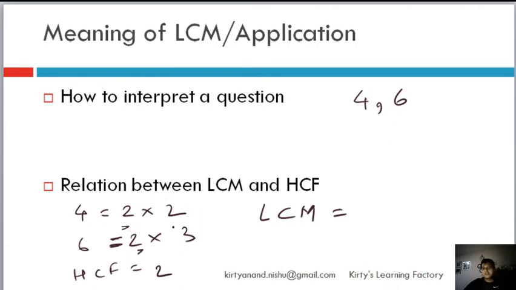So the uncommon prime factor is 2, then the second uncommon prime factor is 3. And then we write the common prime factor. So the common one is 2, 2. We will write 2 only once because it is there in both.